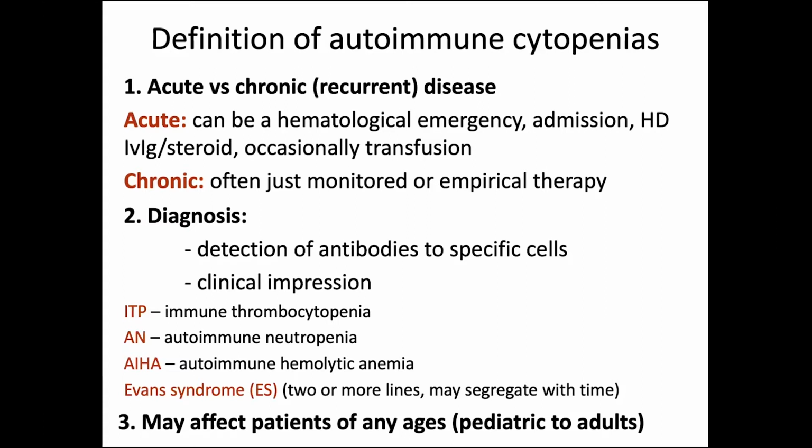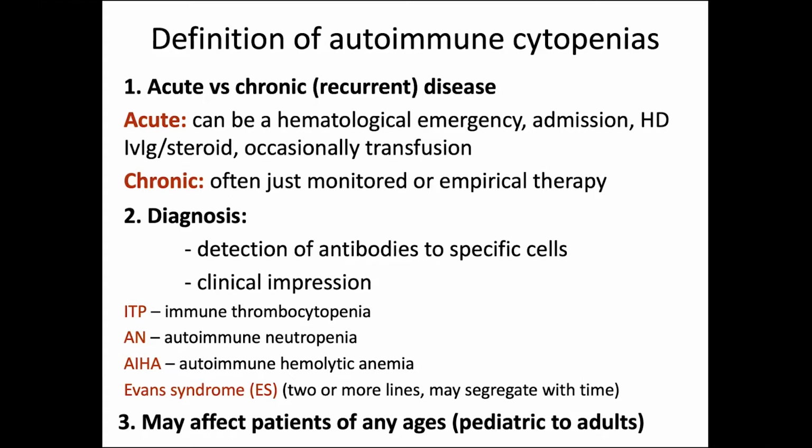However, before we even move to these different entities, I have to emphasize the importance of determining that the cytopenia is of autoimmune origin. That could be confirmed by the detection of antibodies to specific cells, such as the platelets, the red blood cells, or the neutrophils. But it's not uncommon that clinicians decide it is autoimmune based on clinical impression.